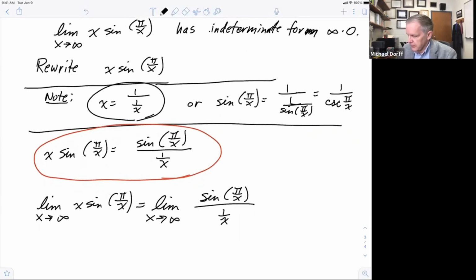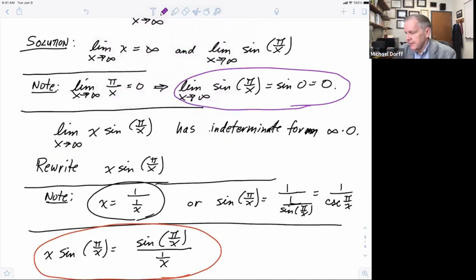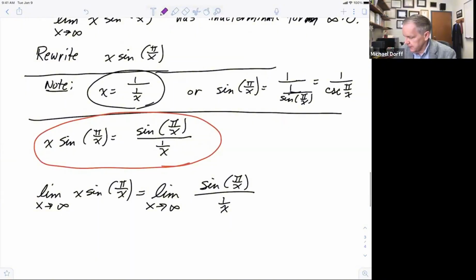Well, we remember from the beginning that the limit of sine of pi over x equals 0. So this one's going to 0 on the top. And on the bottom, as x goes to infinity, we have 1 over x, and the limit of 1 over x as x goes to infinity is 0, because I have a non-zero number over something that's really large, that's going to 0.